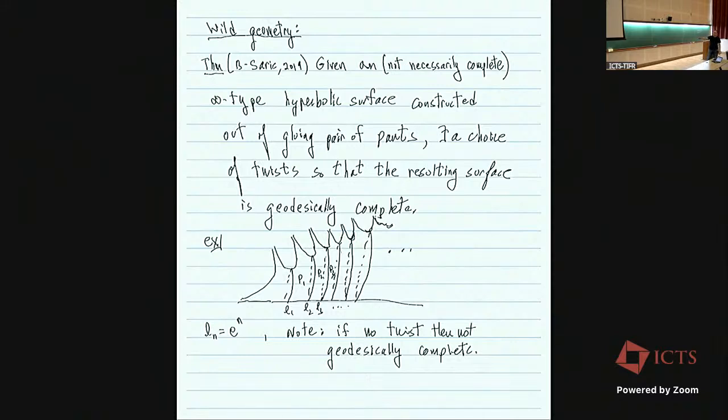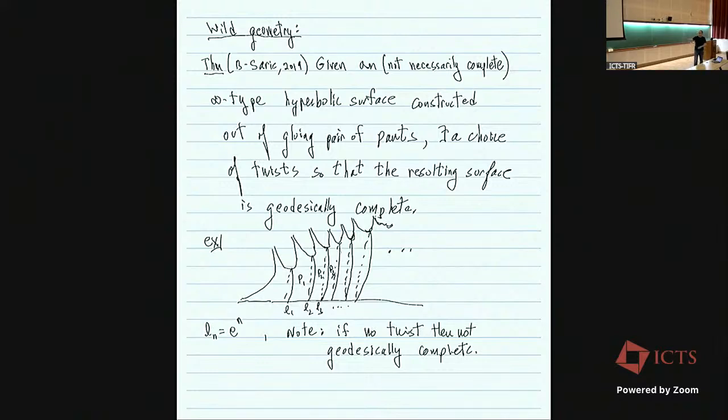So here's an example. I take a pair of pants and I glue another pair of pants and I keep going. Okay, so we don't know what's happening out there geometrically. But what the theorem says is that if I glue these together, keeping the lengths the same, there's always a choice of twists to guarantee that this is a complete surface, even if these lengths are growing exponentially fast.